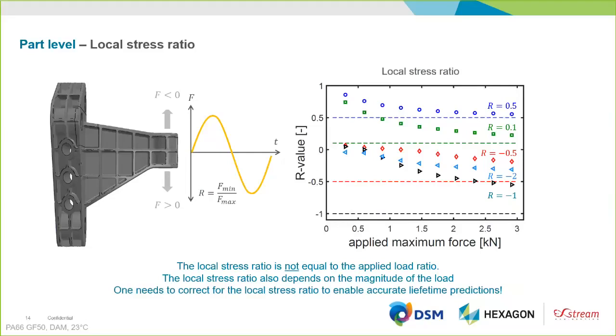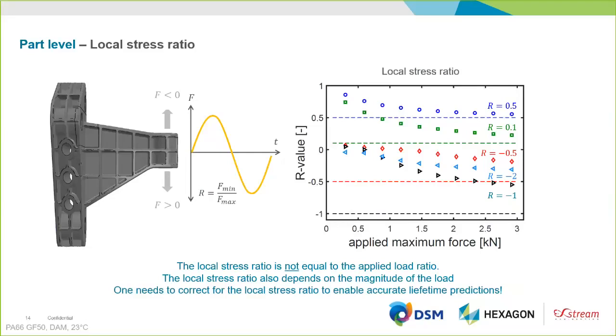So all these effects of the load ratio is what we take into account in our fatigue predictions. So also the model does include a sensitivity to load ratio that is defined in the material card and is based on specimen measurements at all these different load levels.